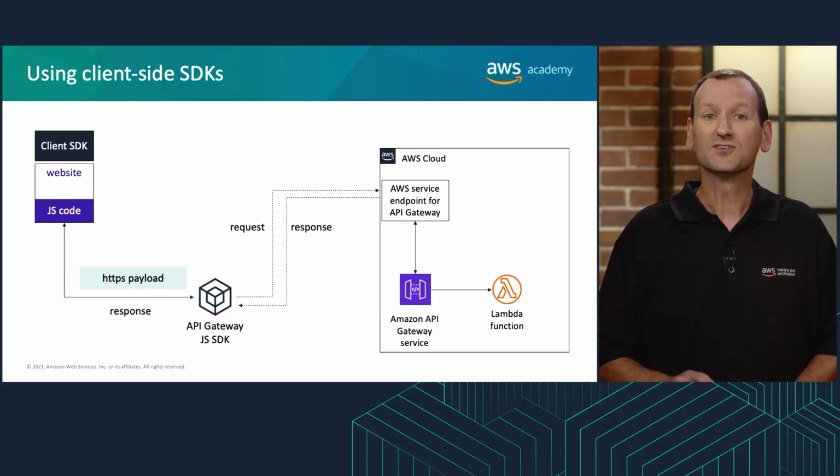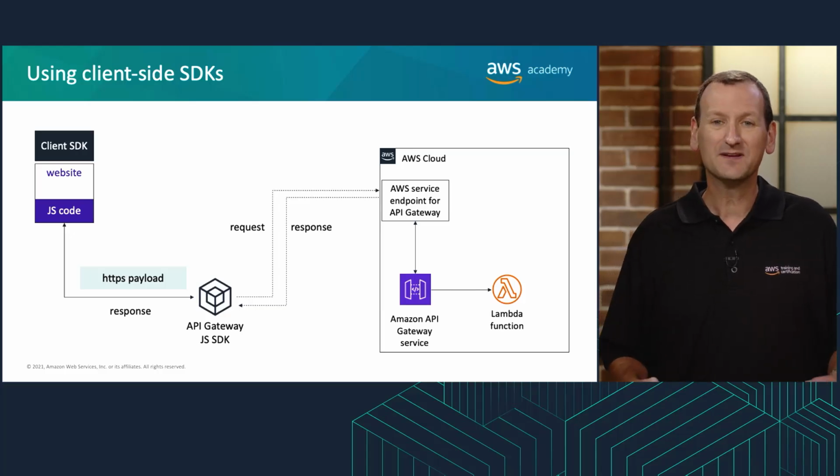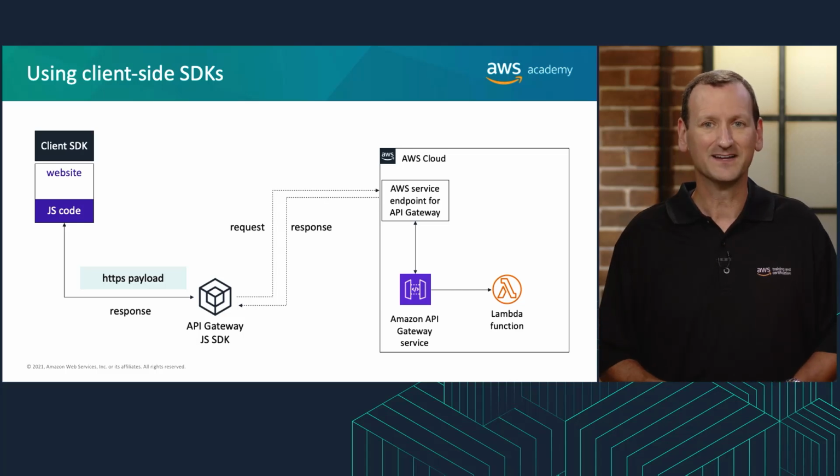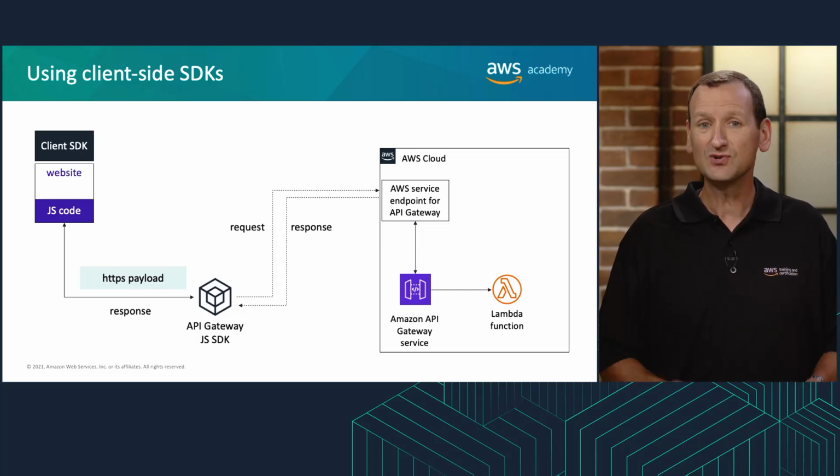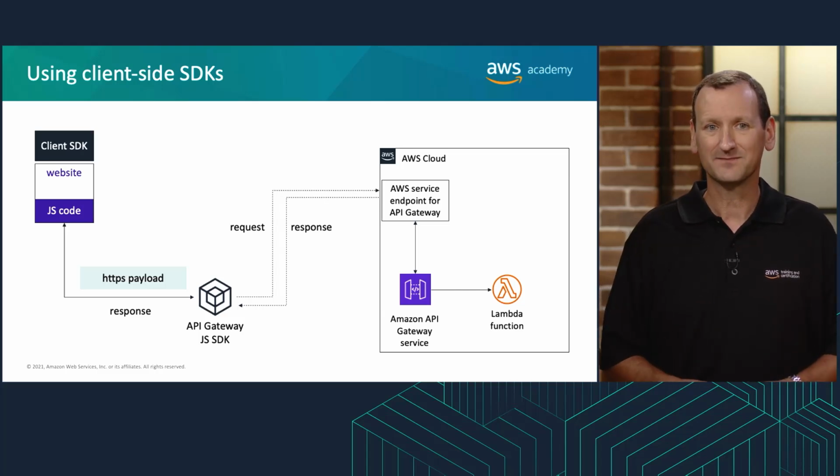In general, you can write your API calls by using HTTPS requests to an API Gateway endpoint. Alternatively, you can use the API Gateway option to export an SDK for your defined API. Then, you can use that SDK with your client-side code to make calls to the API.